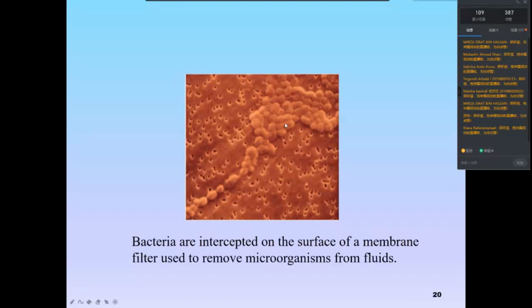And these little black dots are actually the pores of the filter. It's so small it can block the bacterial cells from going through. So this is a way for filtration.